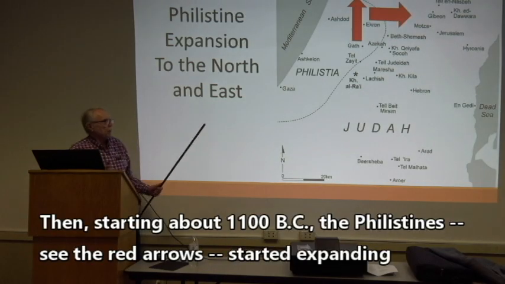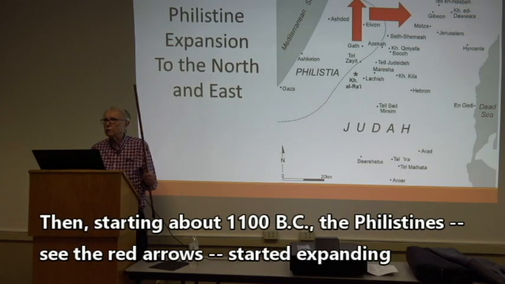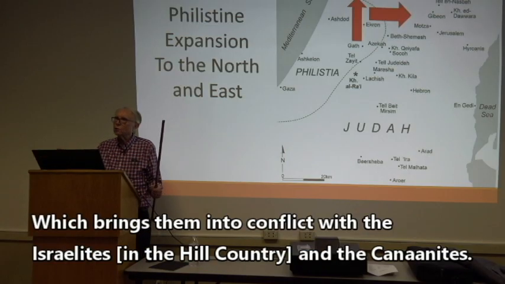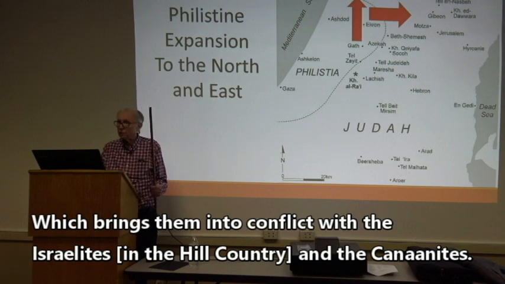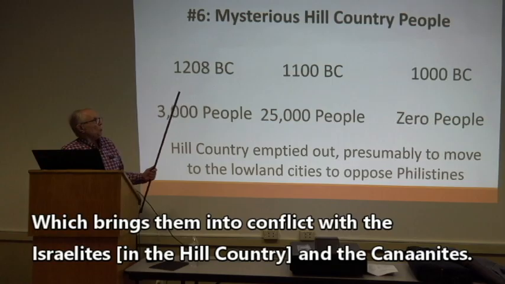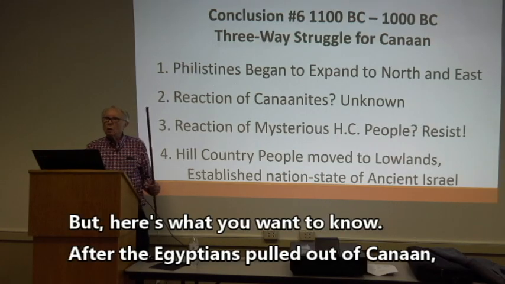And then starting in the 1100s, the Philistines, see the red arrows, start expanding to the north and to the east, which brings them into conflict with the Israelites and the Canaanites. But here's what you want to know.